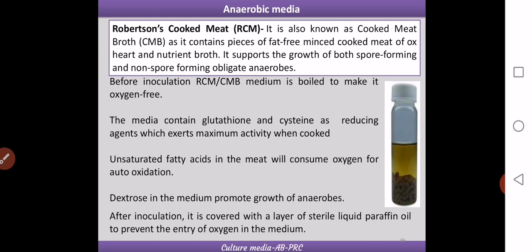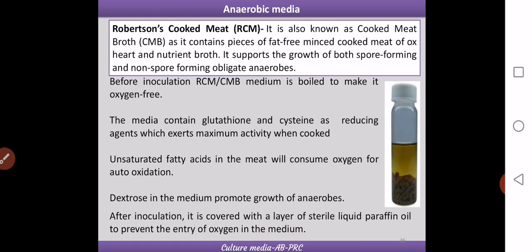As a procedure, before inoculation, the medium has to be boiled to make it oxygen free. While you boil, the oxygen will get released out from the medium, and then we tightly pack it and use it further. The medium contains certain chemical contents like glutathione and cysteine, which help in removing any residual oxygen.